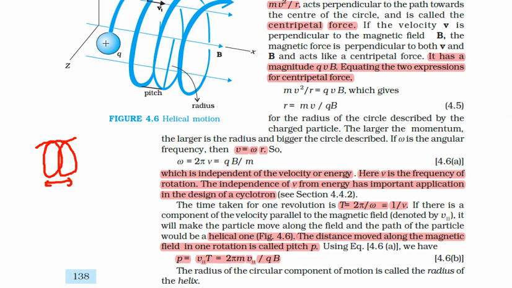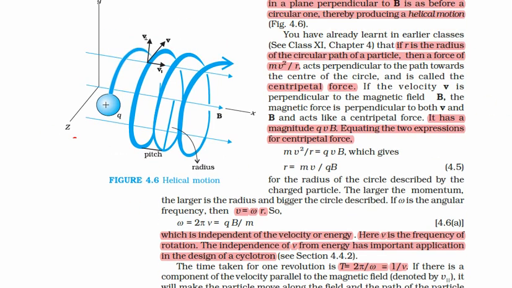Similarly here, when one circle is completed, the distance between these two circles is called the pitch of this motion.